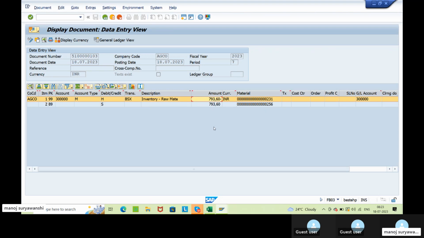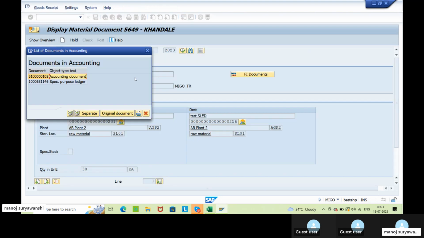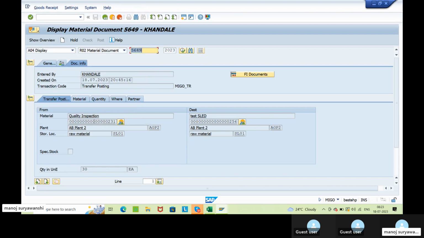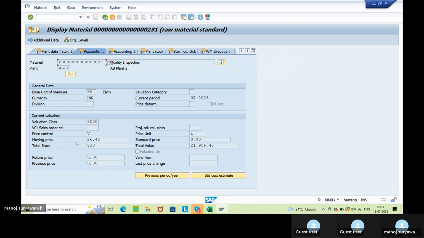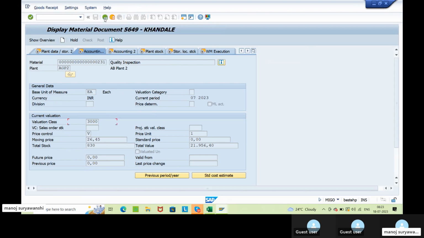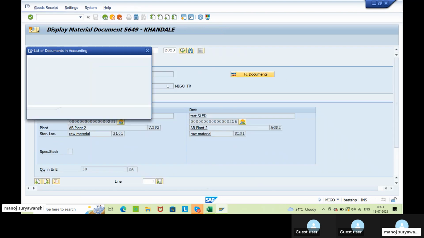How does this valuation take place? 793 इसका प्राइस कैसे आया? 30 क्वांटिटीज इनटू सेंडिंग मटेरियल का मटेरियल मास्टर प्राइस. तो ये हमारा ट्रांसफर किया हुआ मटेरियल है. इसका अकाउंटिंग व्यू अगर देखोगे तो इसमें 26.45 है. So 26.45 into 30 is the value calculated here.